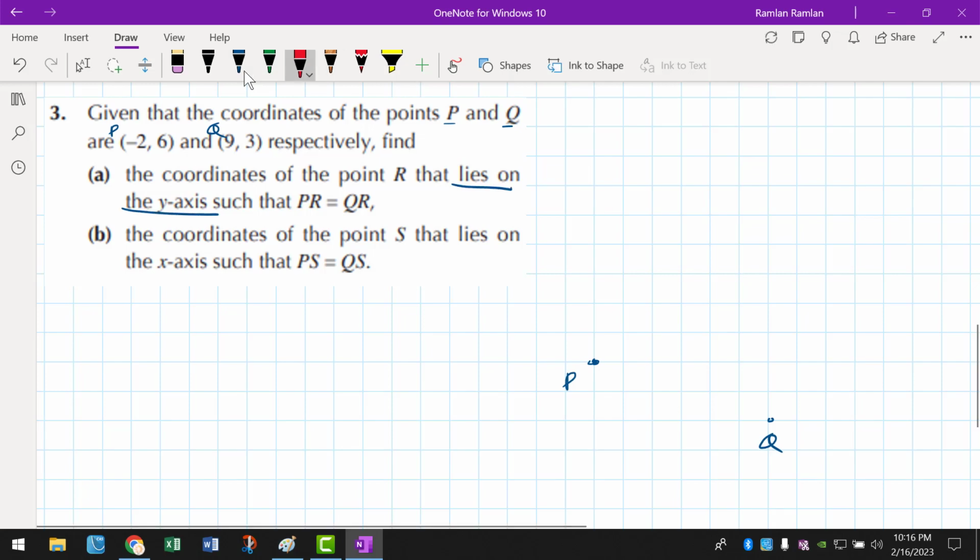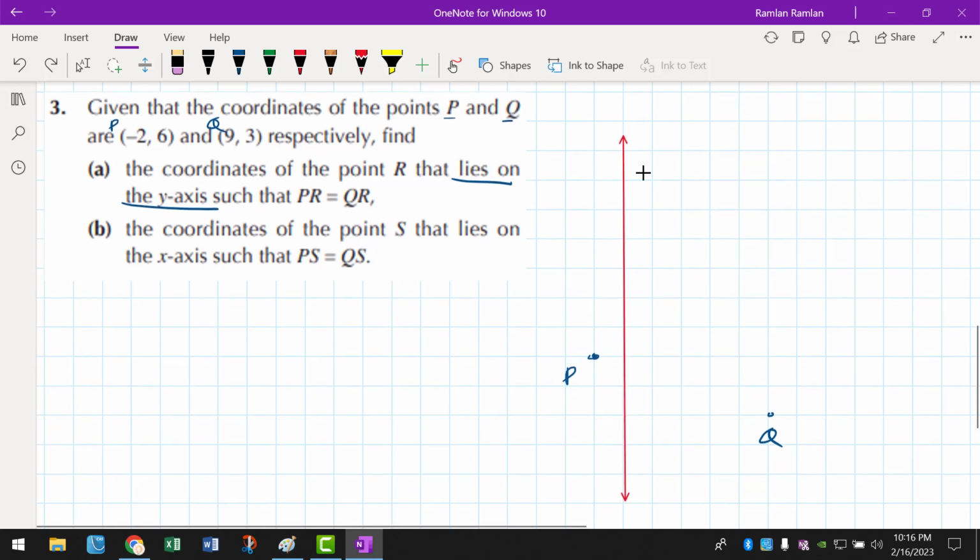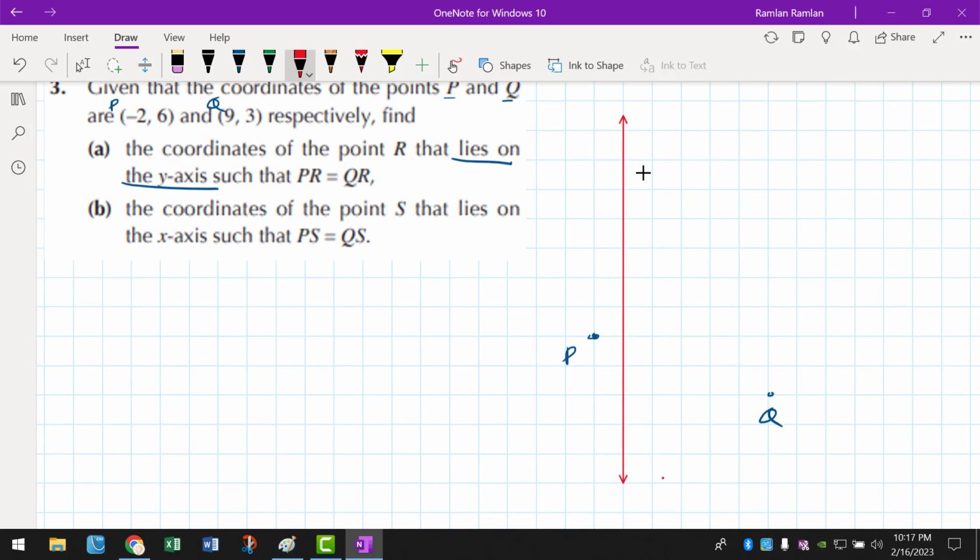So if I have a y-axis, for example, in here, I'm sorry, I should make a straight line like this. So that point R will be on this line. It can be here, it can be here, it can be anywhere.